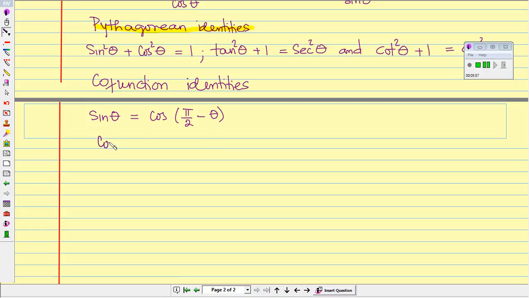The next one is cosine of the angle theta equals sine of pi over 2 radians minus theta. Tangent of the angle theta equals cotangent of pi over 2 minus the angle theta.